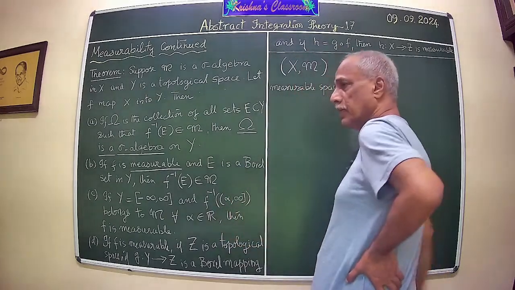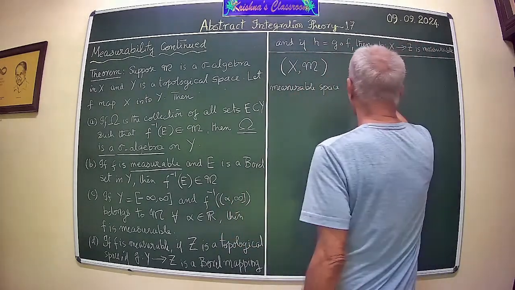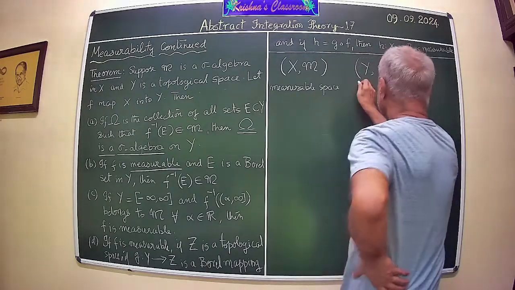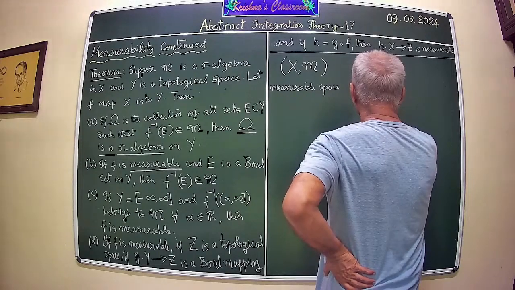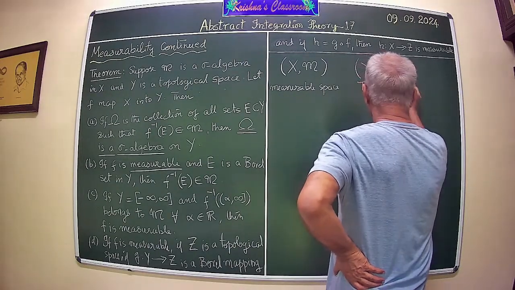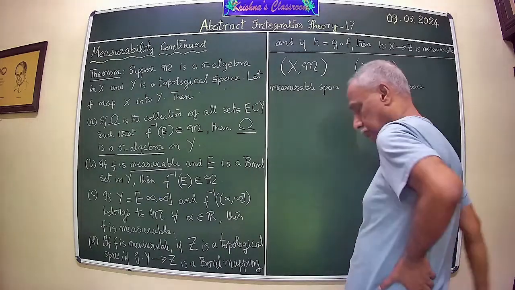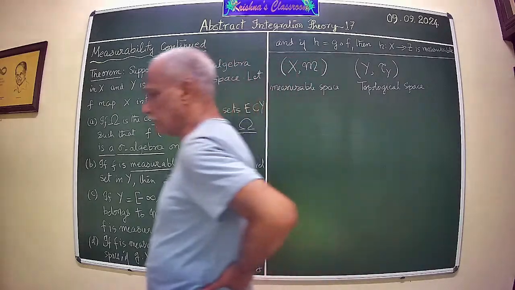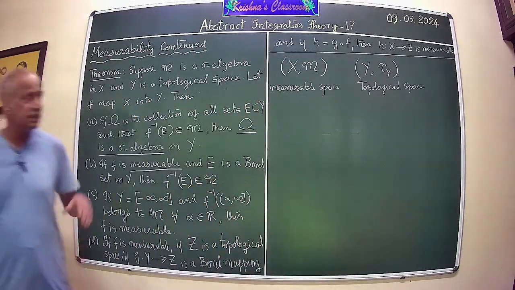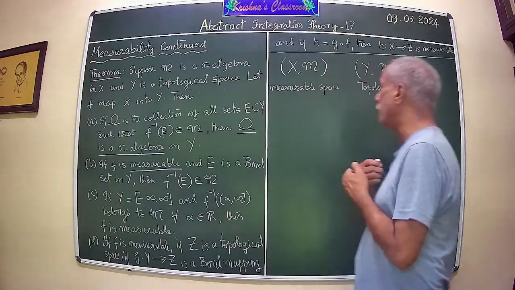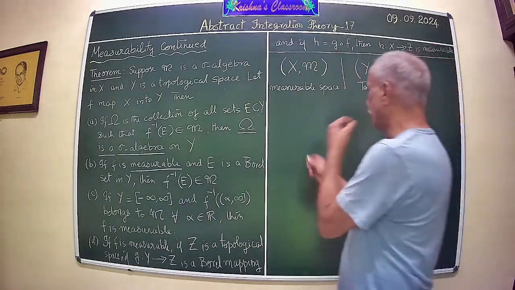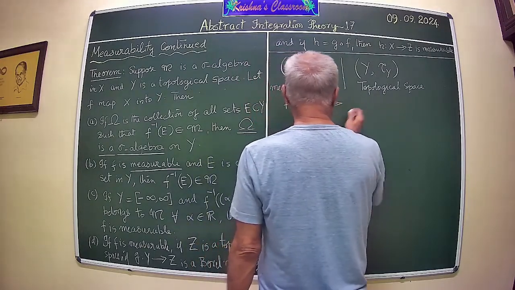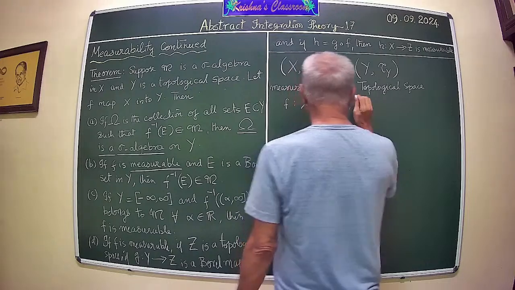Then you have a topological space Y with a topology tau Y. That means the elements of tau Y are called the open sets that you have. Now what you have is the following. F is a mapping of X into Y.